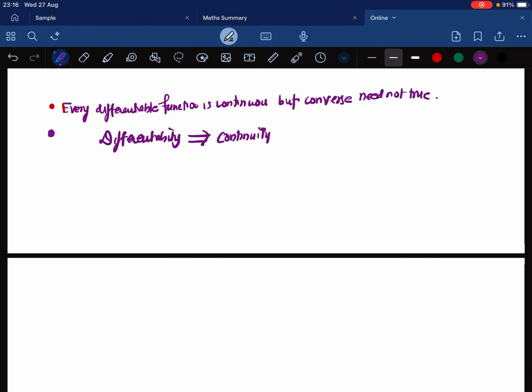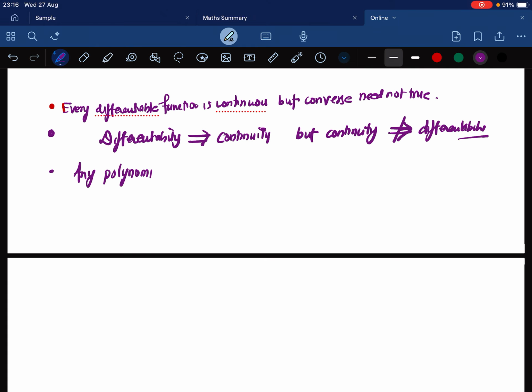Differentiability implies continuity. If a function is differentiable, then it is continuous also, but continuity does not imply differentiability. If a function is differentiable in nature, then definitely it will be continuous, and if it's not continuous, then it's definitely not differentiable.